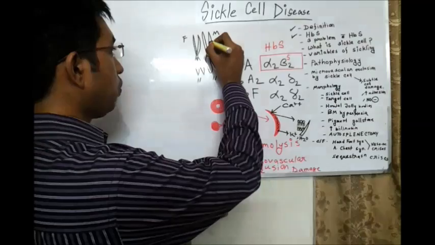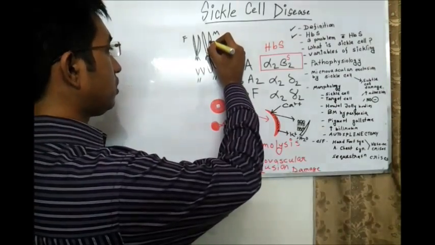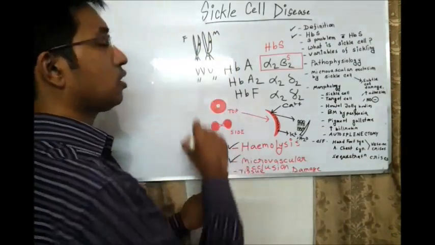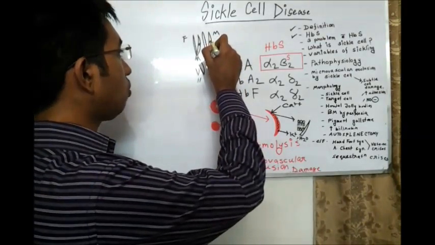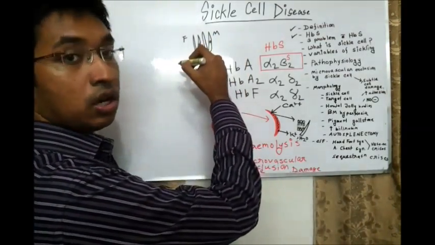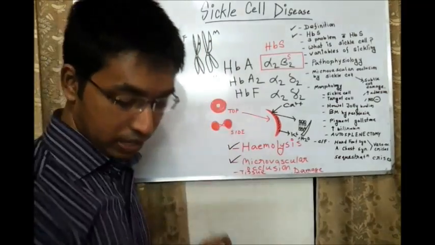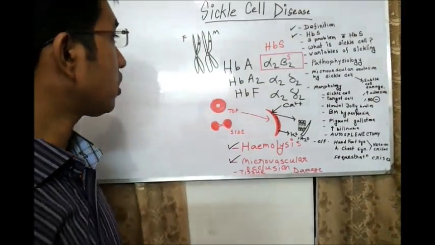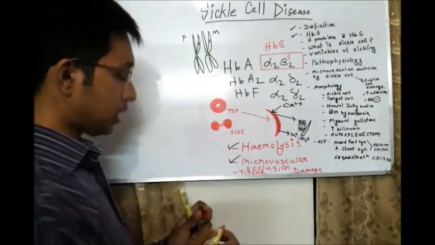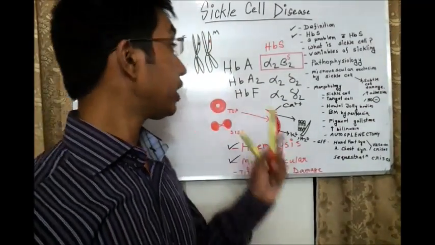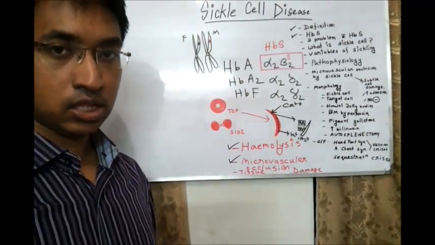Moreover, suppose we're talking about a specific gene that is present in both of these chromosomes. Now, if there is a mutation in either one of those genes, suppose there is a mutation in this gene, I am drawing that part in red. This is called a heterozygous mutation.